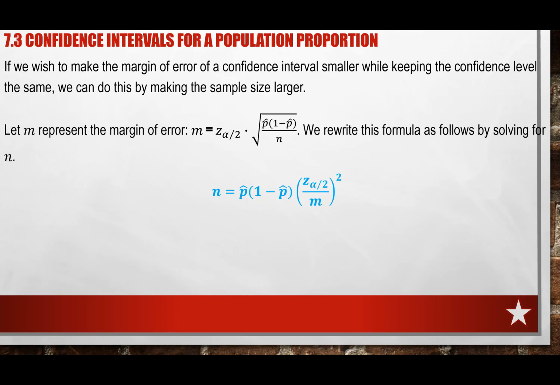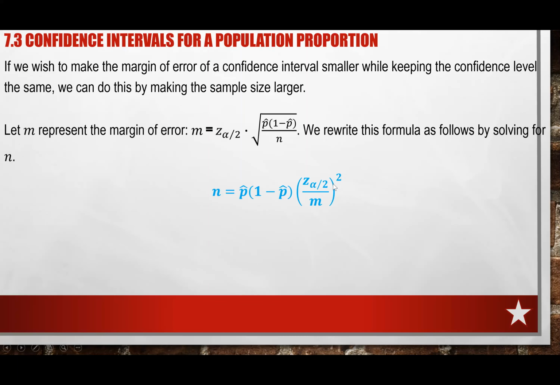So if they ask how large the sample size has to be, basically this is the formula. Your calculator does not have a built-in function for this, so you have to type it in. Again, n, the total sample size, is equal to p-hat multiplied by 1 minus p-hat, multiplied by the z critical value divided by the margin of error, squared.